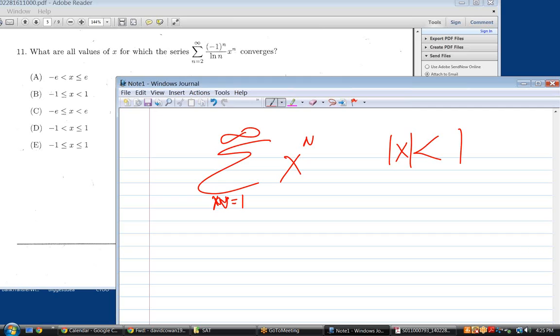So the question is, it sure looks to me like if x was greater than 1, this series would not converge. Ignoring this part of it for the moment, I'm tempted to answer, wow, they don't have my answer on there.